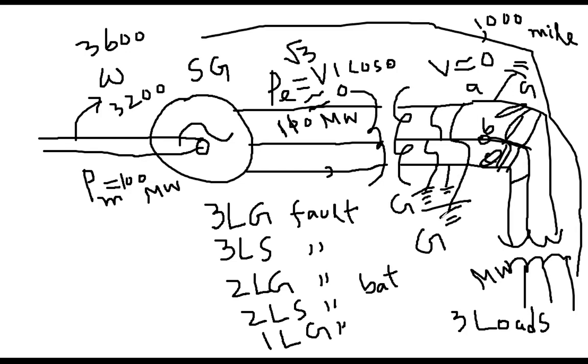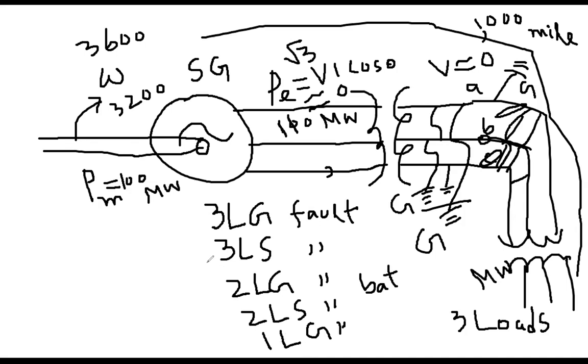These can again be because of the tree falling, or 2LS, the short circuit between two. And why I have written in that sequence, there is a reason. This is the most severe situation, 3LG, and this is the least severe one, 1LG. That's why this is the ranking.